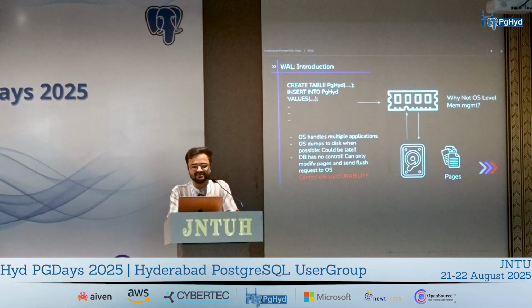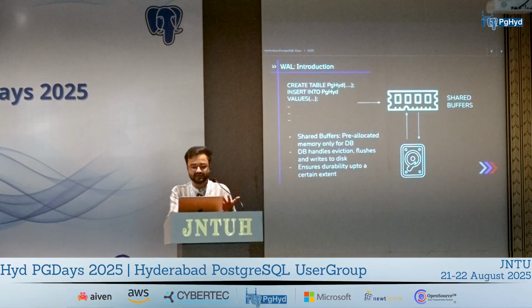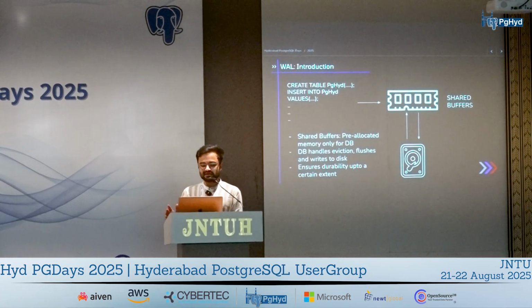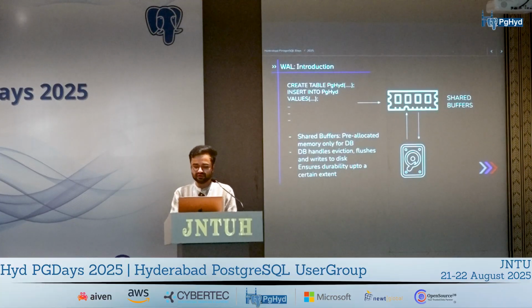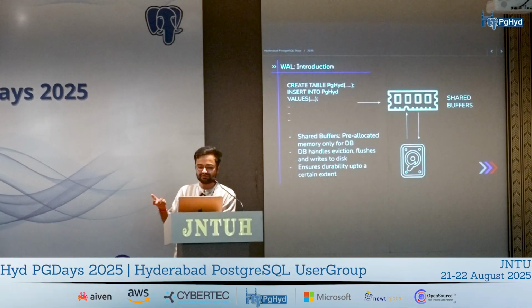So in these cases, what Postgres does is that it pre-allocates a fixed amount of memory, which we also call the shared buffers. Within these shared buffers, you can just assume that Postgres took some amount of memory, and it will bring in all the pages that are related for its purposes.